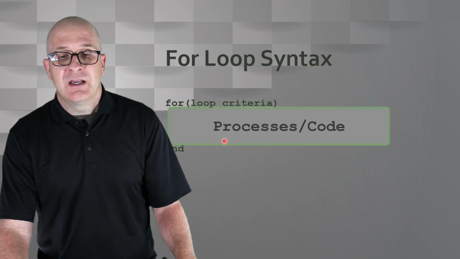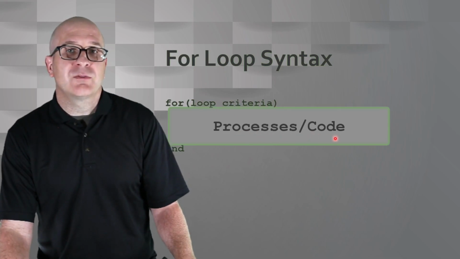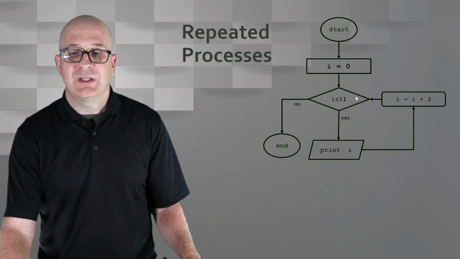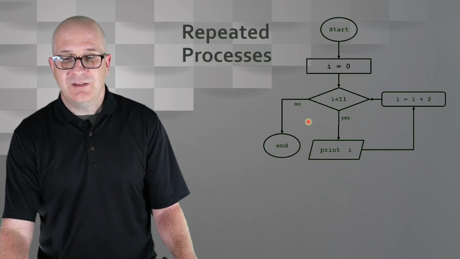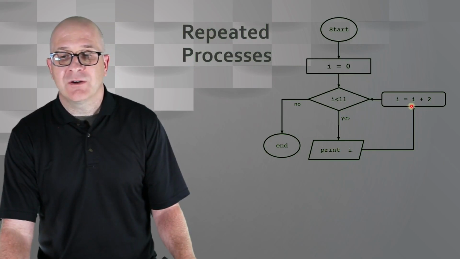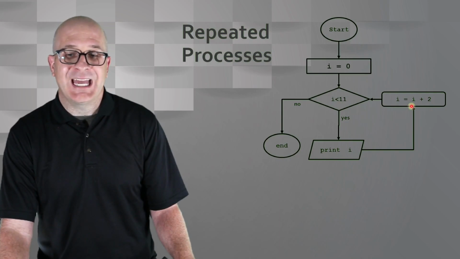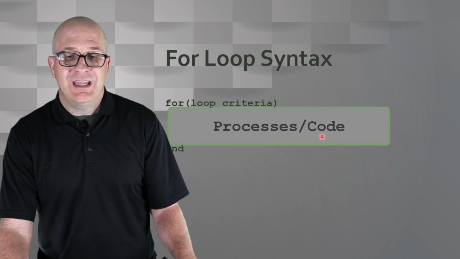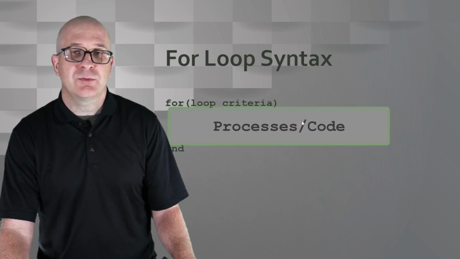Inside of the loop is the process we want to repeat. So remember, what is it we were repeating when we did this loop? Well, we were printing to screen, and then we were also adding a value of 2 to the current value of I and updating the value of I. So down here in this process code, we're going to have 2 processes.